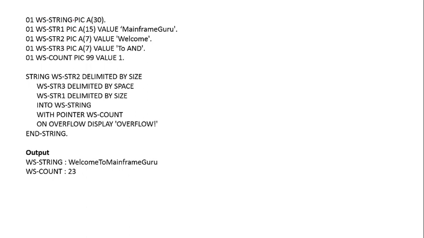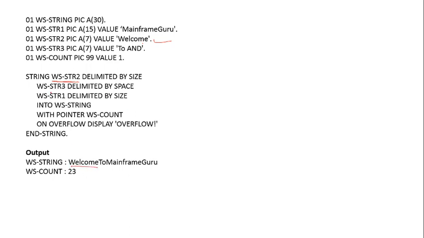Like I have variables ws string 1, ws string 2, ws string 3 and ws count. So I am going to string ws concatenate, means concatenate ws string 2 delimited by size, means ws string 2 is welcome, so welcome will come there.